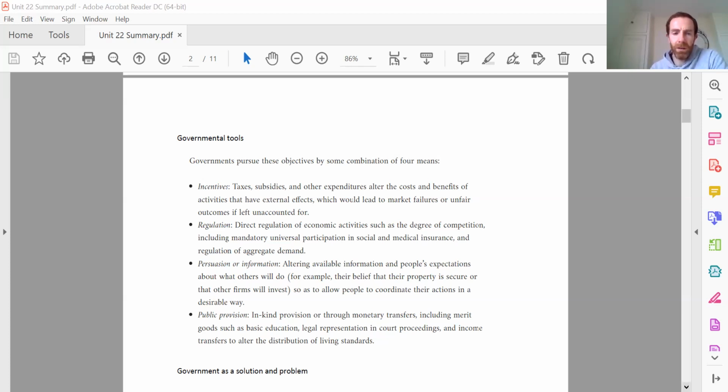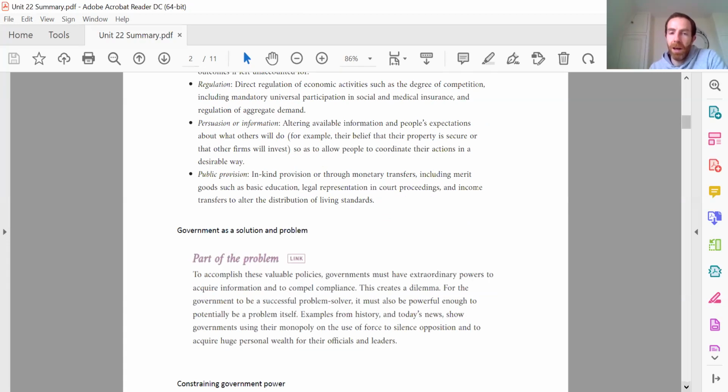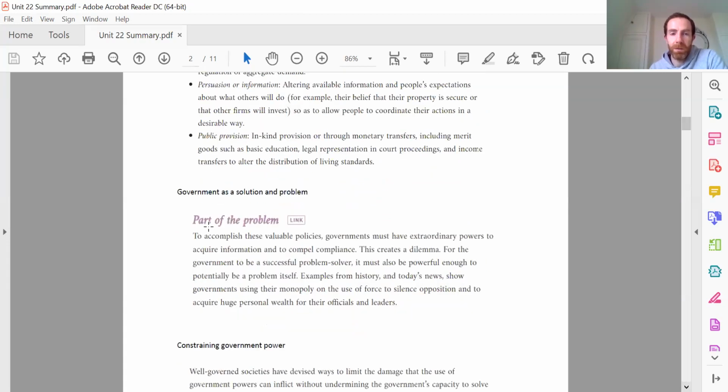So this large scope that government has creates a bit of a problem here. Government can become a part of the problem. We have this dilemma, right? If the government wants to accomplish these broad, big policies, or implement these policies to achieve certain goals, they need to have quite big powers, right?